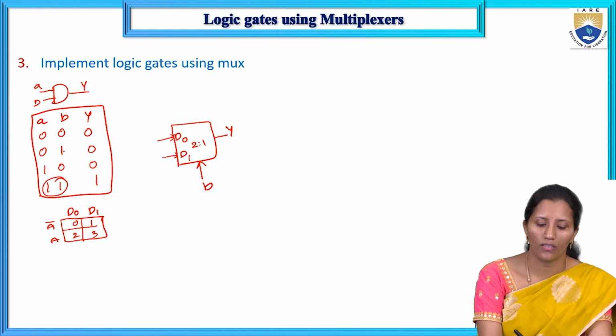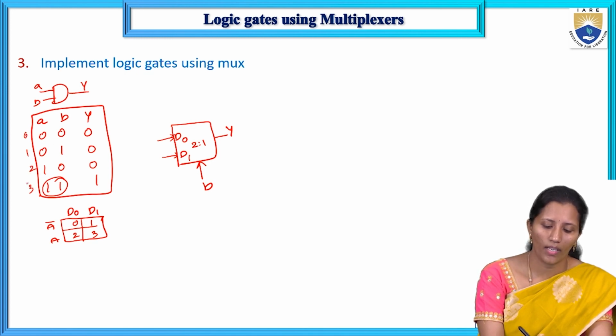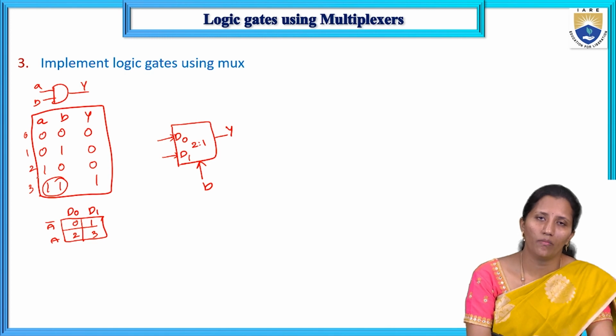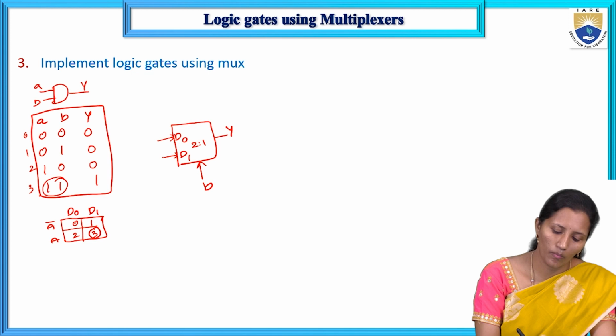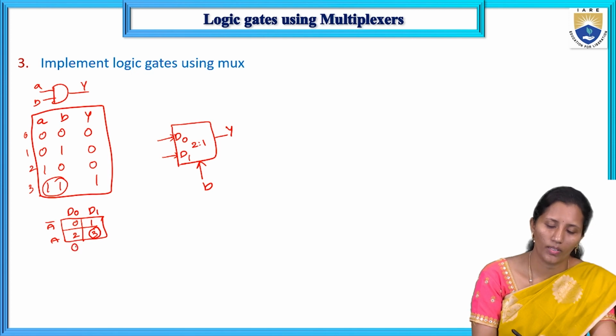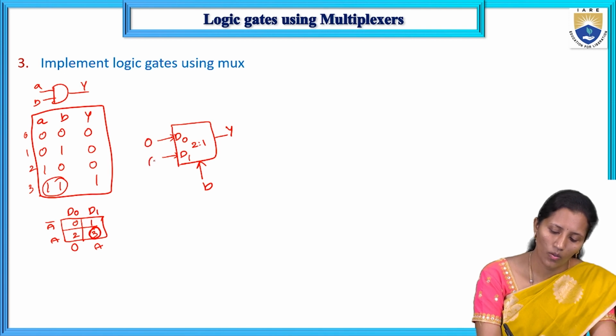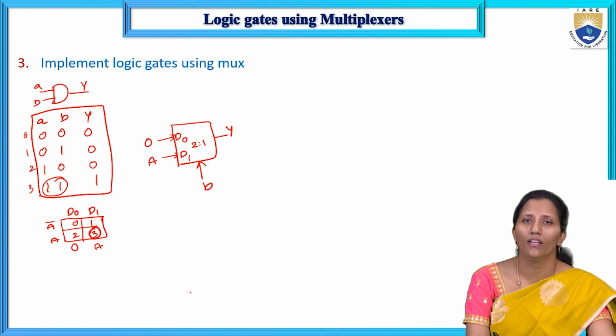A, B: 0, 0, 0, 1, 1, 0, 1, 1, that is 0, 1, 2, 3. So for minterm 3 we are getting output 1, so we have to circle that 3. And if both are not circled, we take 0 as the input to the multiplexer. And if row 2 is circled, we take A. So 0 and A are the inputs to the multiplexer.